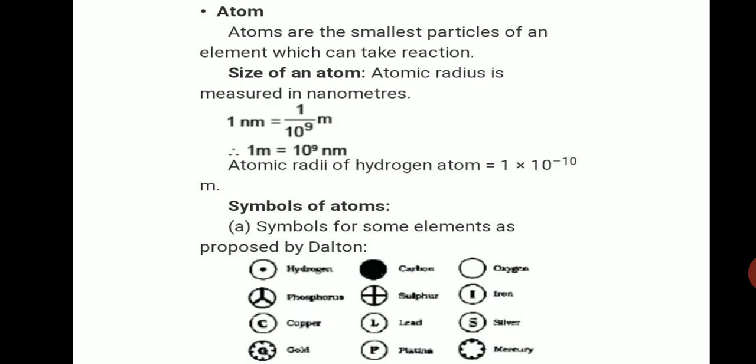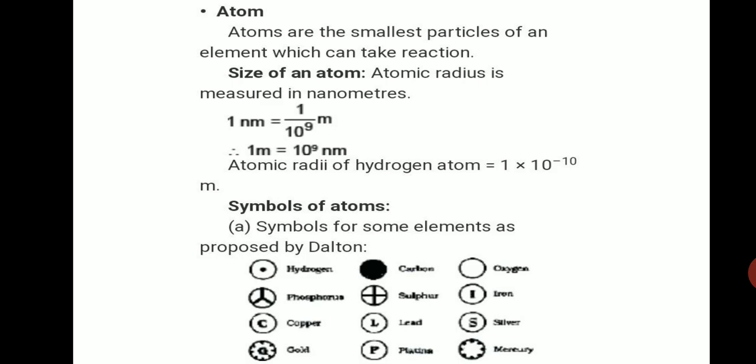Later, it was J.J. Berzelius of Sweden who proposed that the first letter or another letter of the name of an element can be used as its symbol. This idea led to the modern symbols of elements which we are using now.